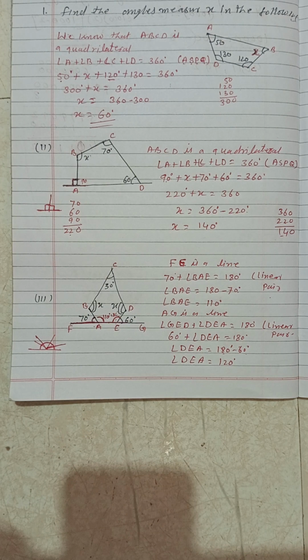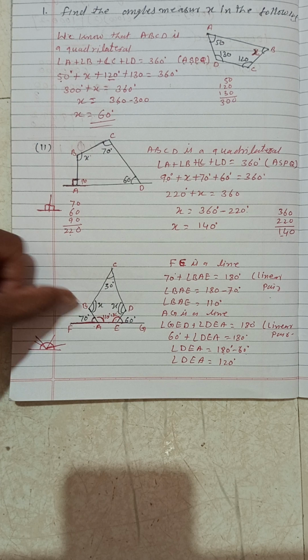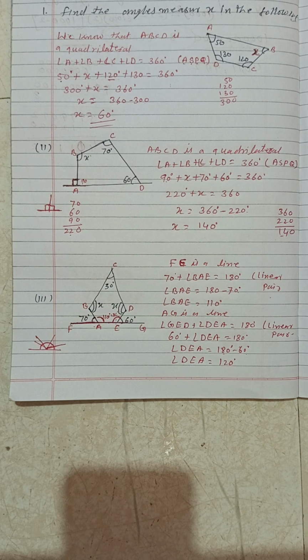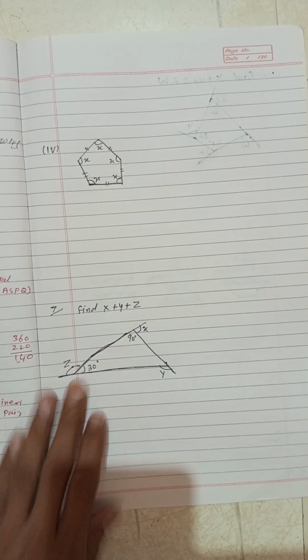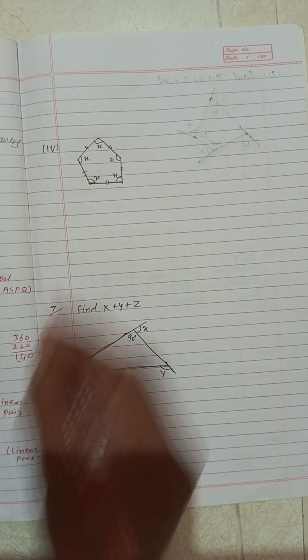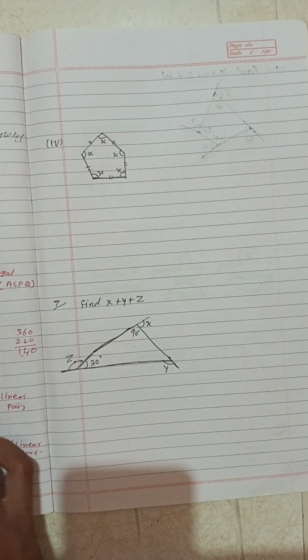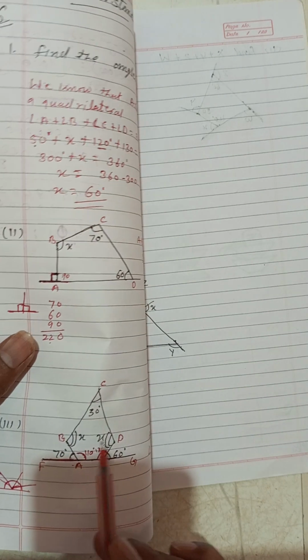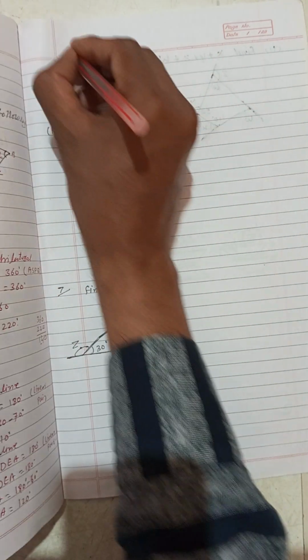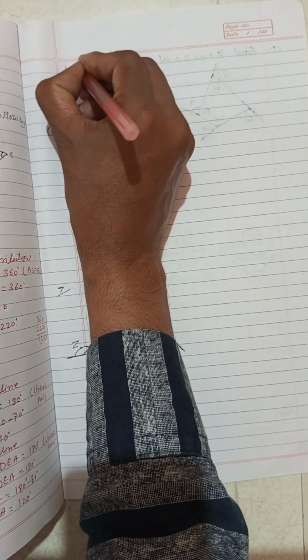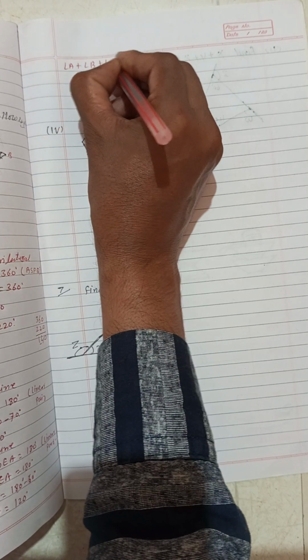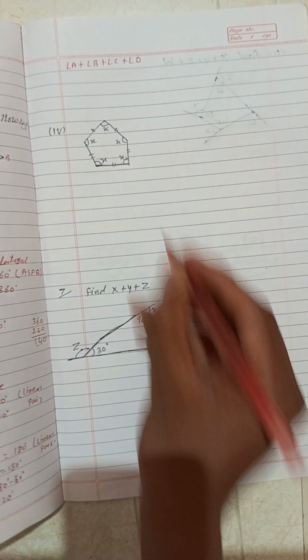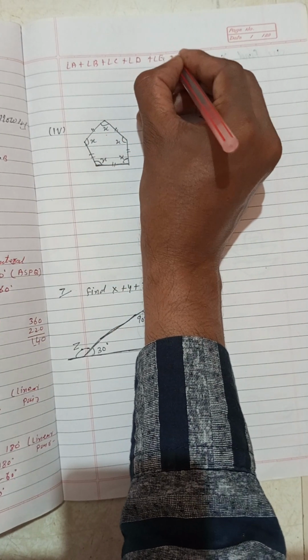Now we have to find the angle x. Now let's find that angle. In this diagram we write angle A plus angle B plus angle C plus angle D plus angle E is equal to how much?